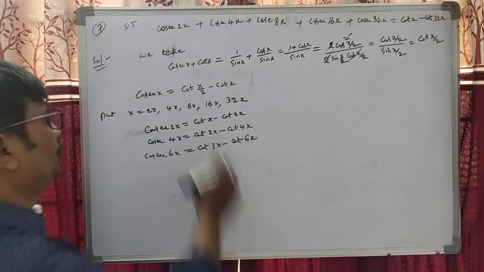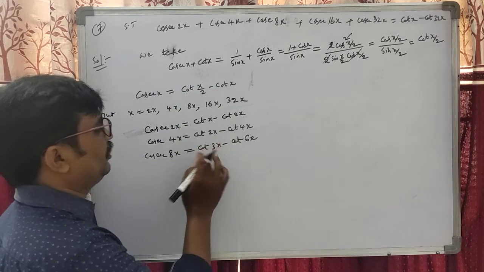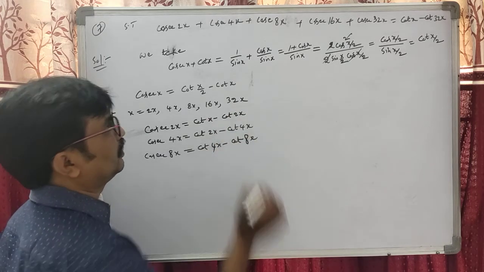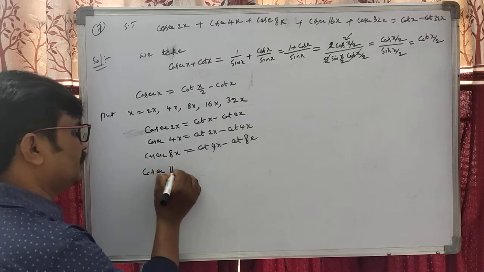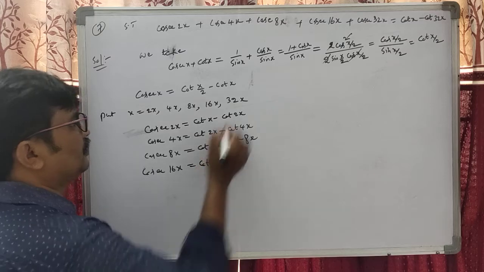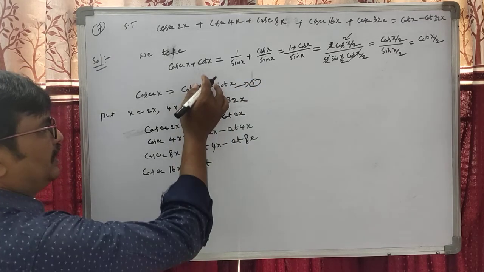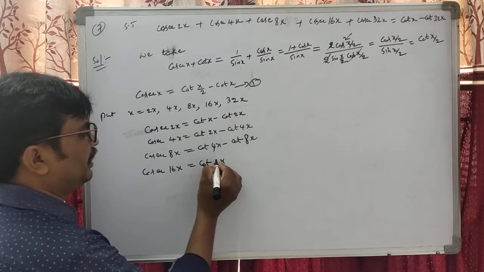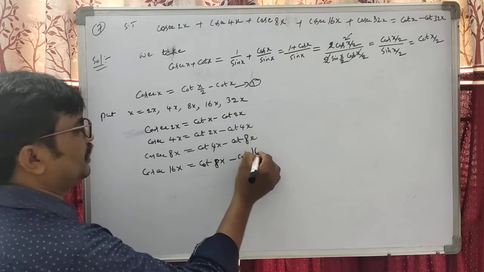Now we are taking 8x. 8 by 2 is 4, this is 8x. After that, we are taking 16x, that is cosecant of 16x. 16 by 2 is 8x; these are all substituted in equation 1. 16x by 2 is cot of 8x minus cot of 16x.